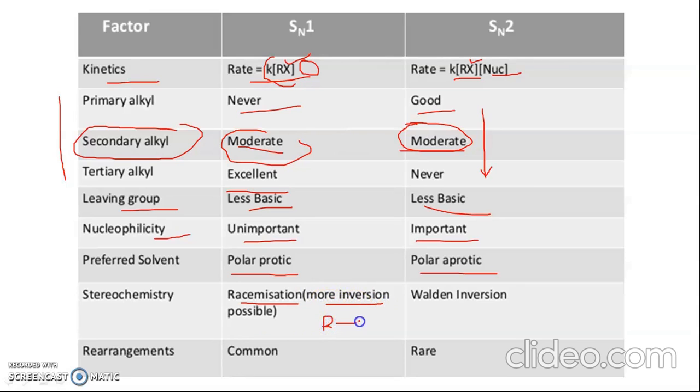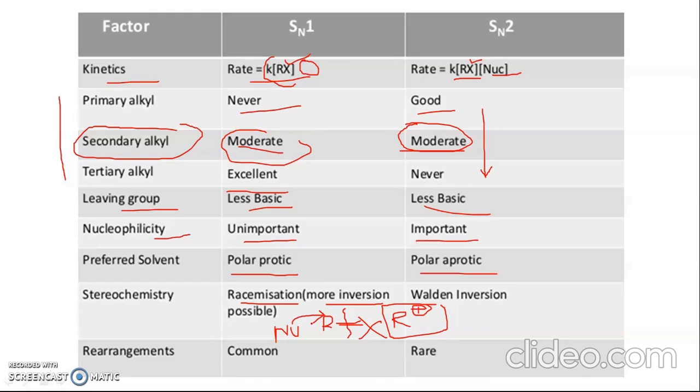Why is it so? Suppose breaking of the R-X bond takes a large time. Even though the carbocation is our intermediate, there will be more chance that the nucleophile attacks from the opposite side, so more inversion is possible.